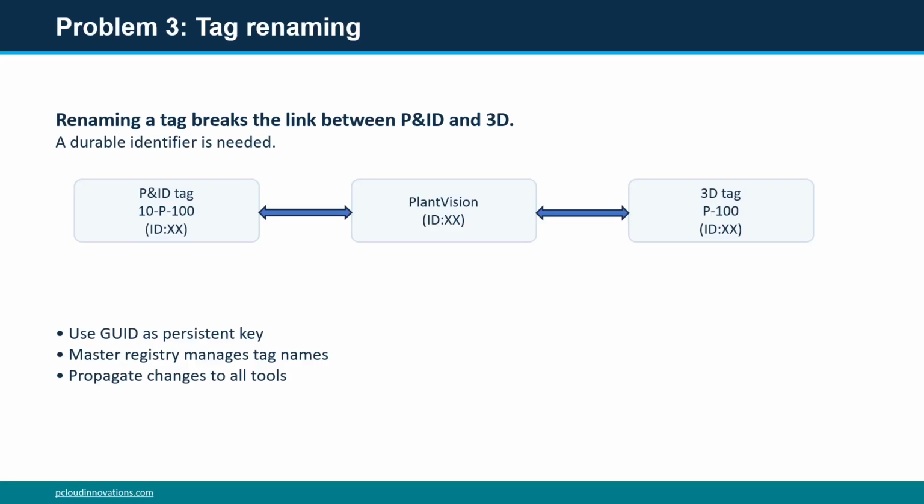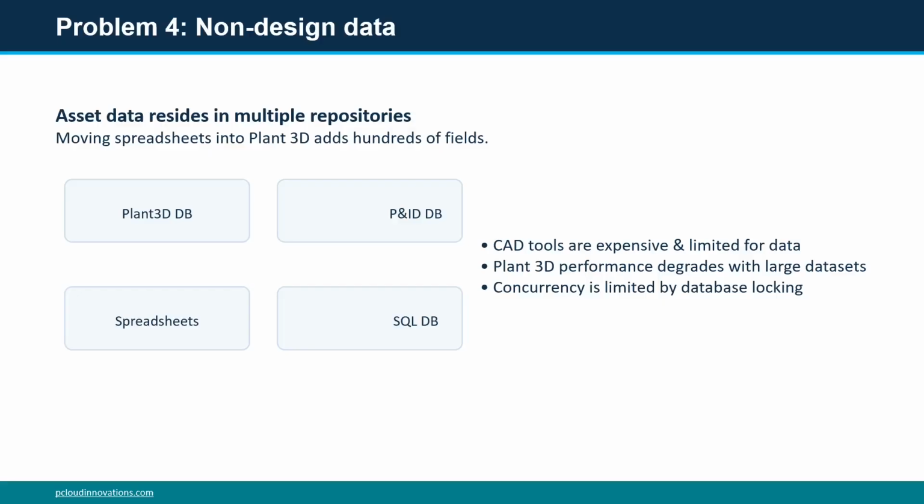Yeah, that's right, Rich. All right, well, as we were talking about before, it's likely that some other applications are populating information related to our assets or our tagged items. So how can we make this information available to the other design tools so we don't have to go to the web to find that information while we're doing our work on generating models or P&IDs in a CAD tool?